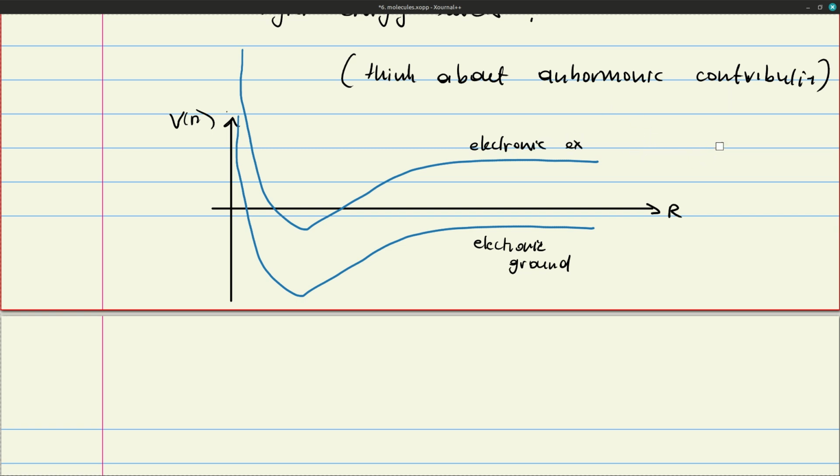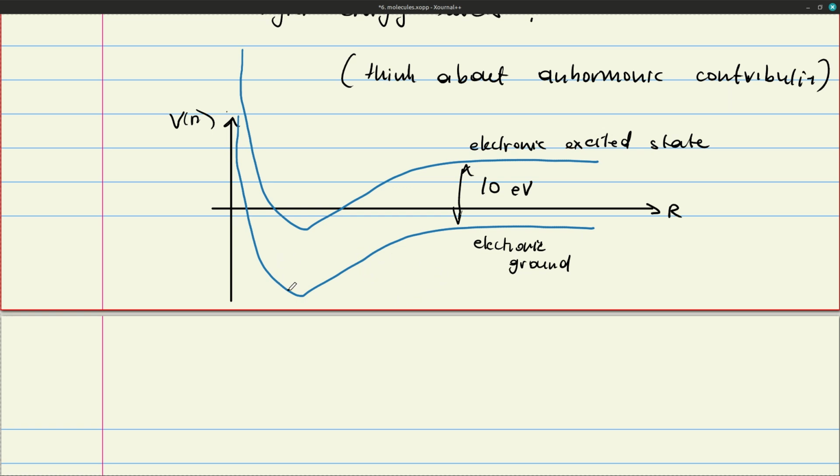So I think I can erase this. Excited state. And for each one, this spacing is the largest spacing, right? It is the largest energy scale in our problem, and it is on the order of 10 to 20 eV.